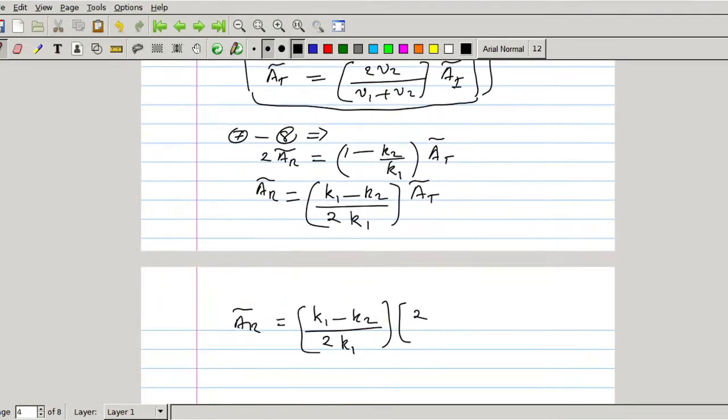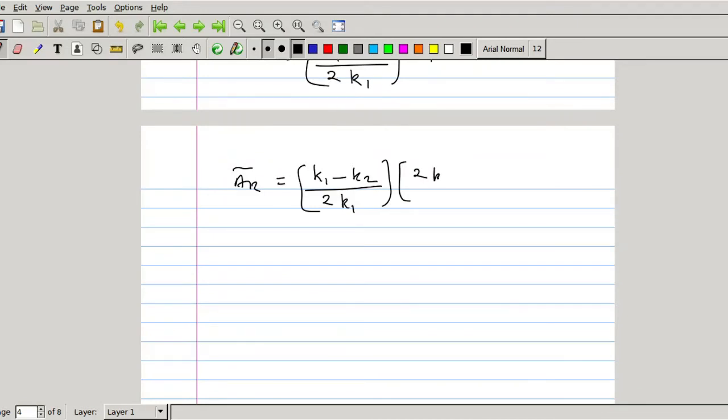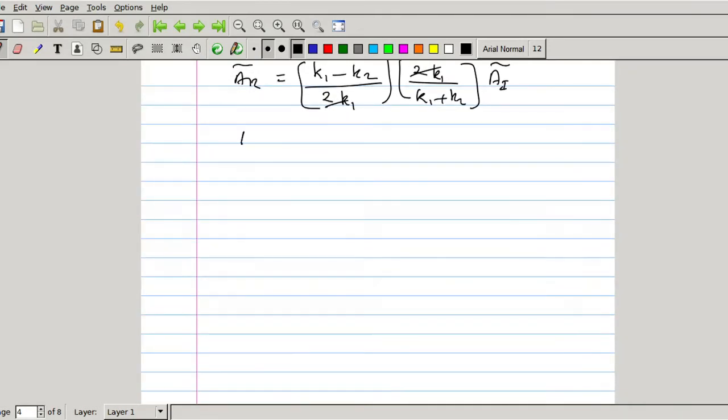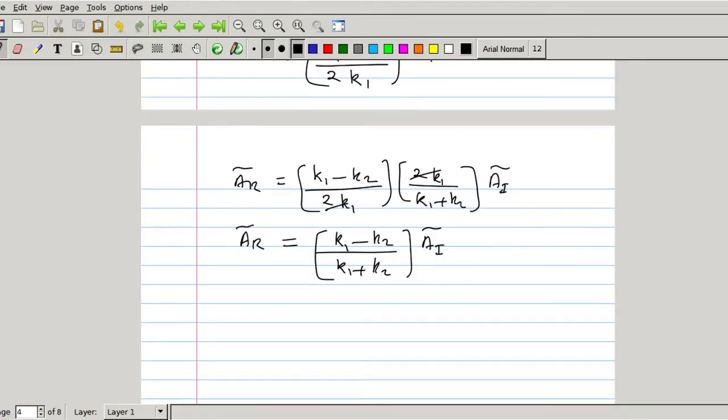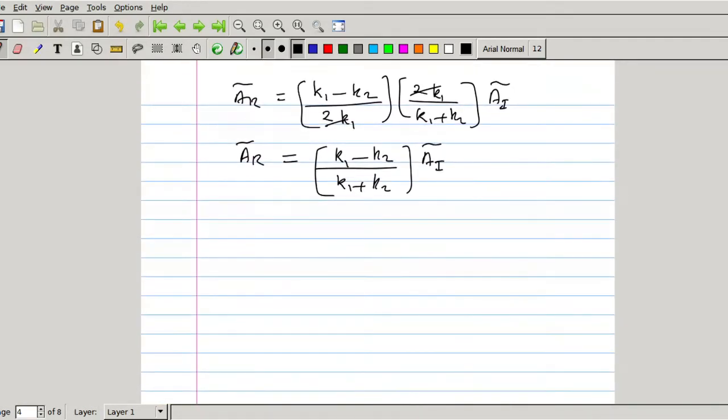AT is 2K1 by K1 plus K2 into A incident. So this 2K1 will get cancelled. We will be having the relation for amplitude of reflected wave as K1 minus K2 by K1 plus K2 into A incident. So this one is equation number 10.